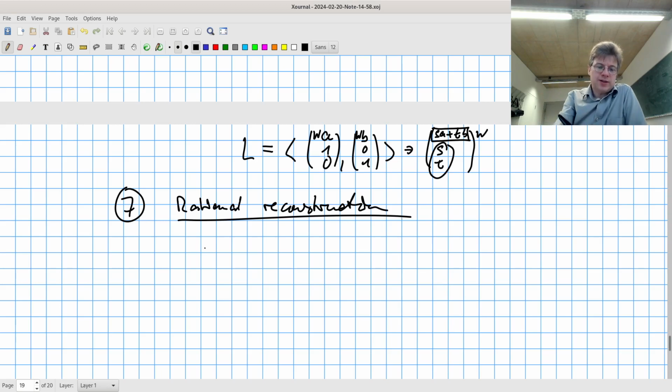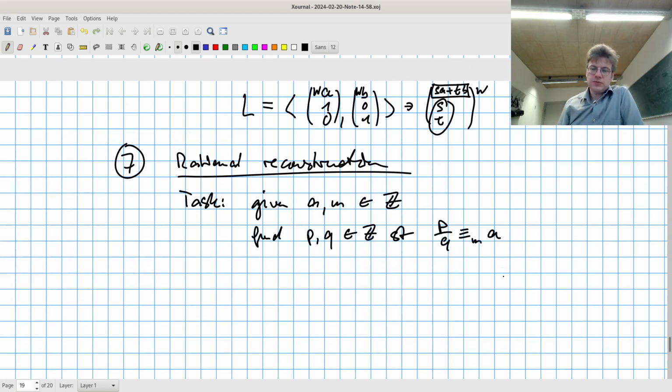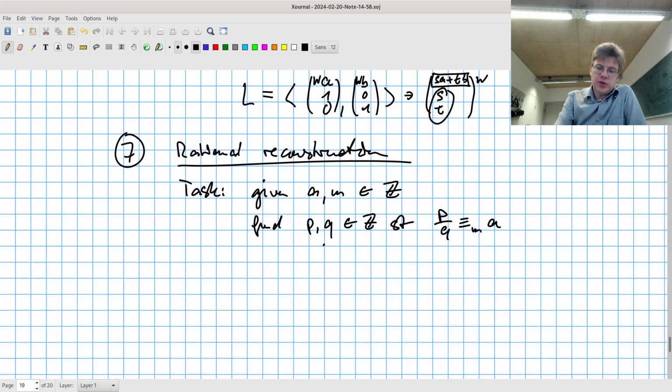And this is right. So here's a task. Given A and M integers, find P and Q, also integers, such that P divided by Q is equivalent mod M to A. And they should be small.